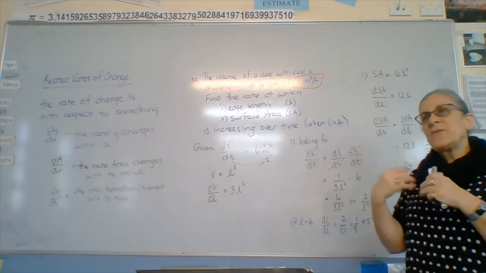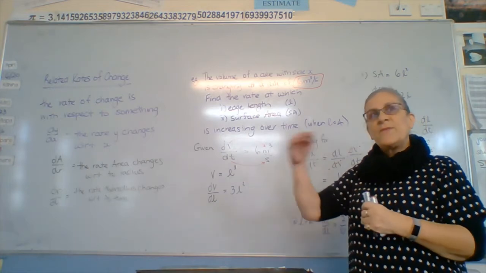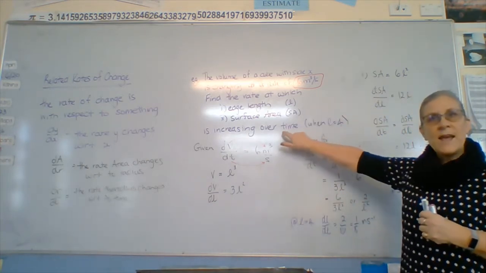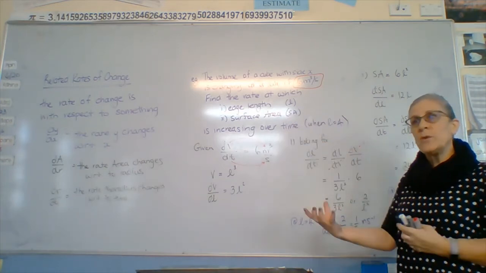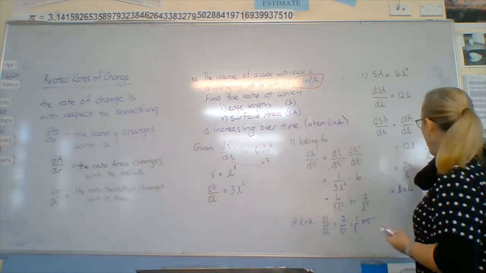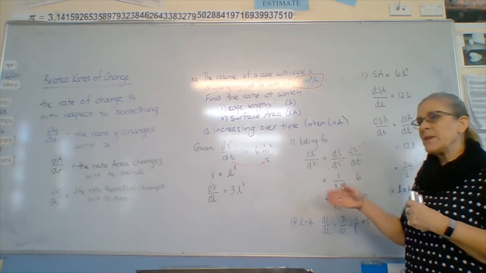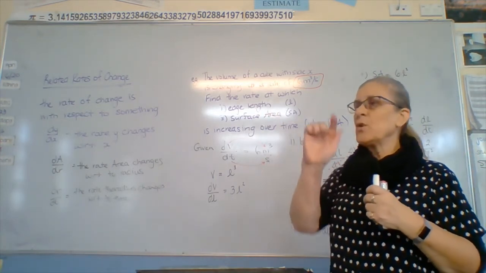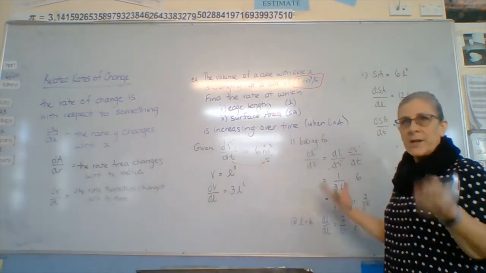We've now been asked to find it when L is 4, and therefore what that is at that time. So the time is still moving, all right? But when the surface area has a length of 4, so 4 times 4 is 16 times 6 is whatever.